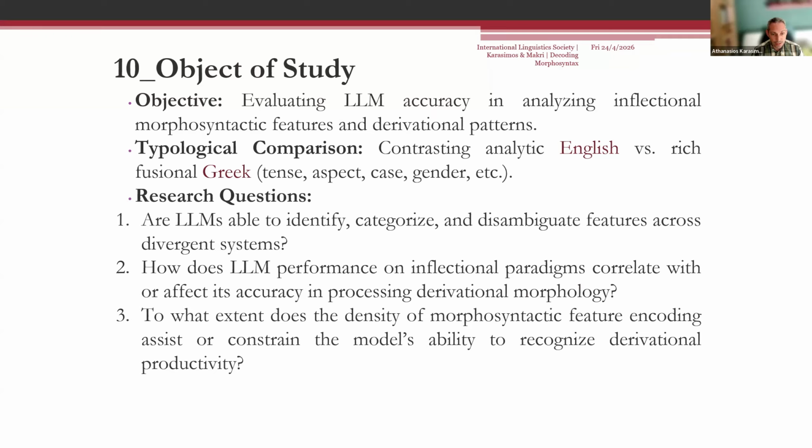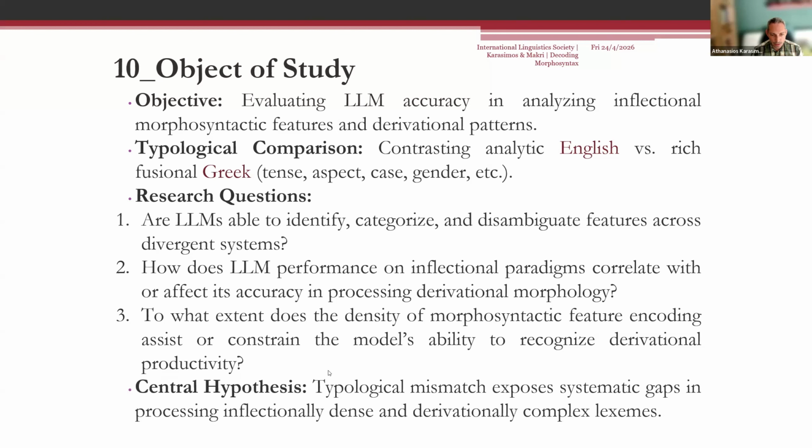And third, to what extent does the density of morphosyntactic feature encoding assist or constrain the model's ability to recognize derivational productivity? So our central hypothesis is that typological mismatch exposes systematic gaps in processing inflectionally dense and derivationally complex lexemes.